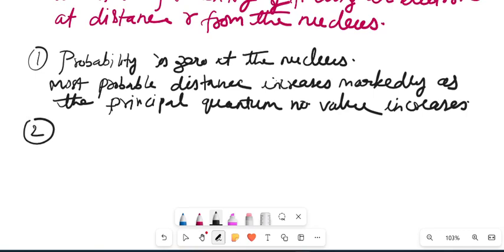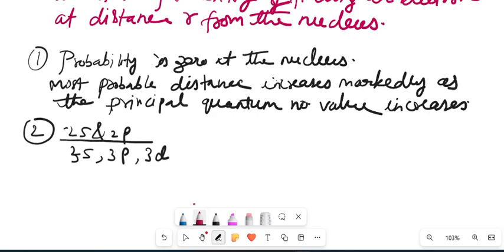The second point is that from the plots we have discussed for 2s and 2p, and for 3s, 3p and 3d, the principal quantum numbers are the same within each group.